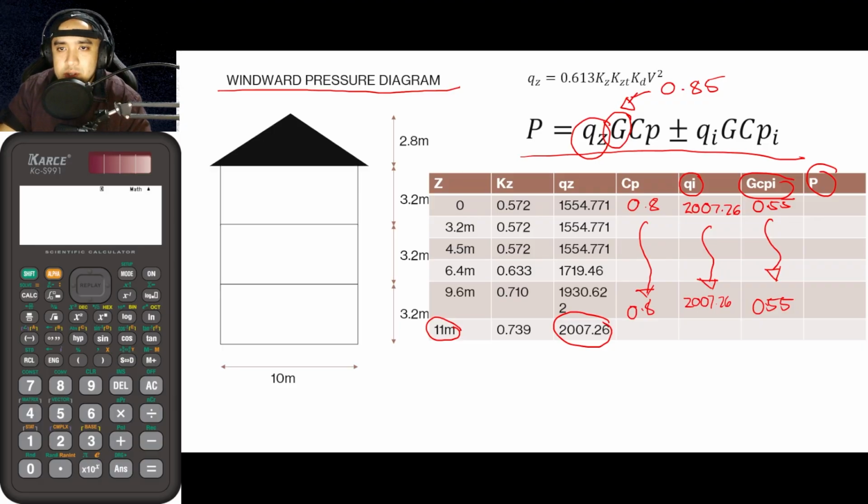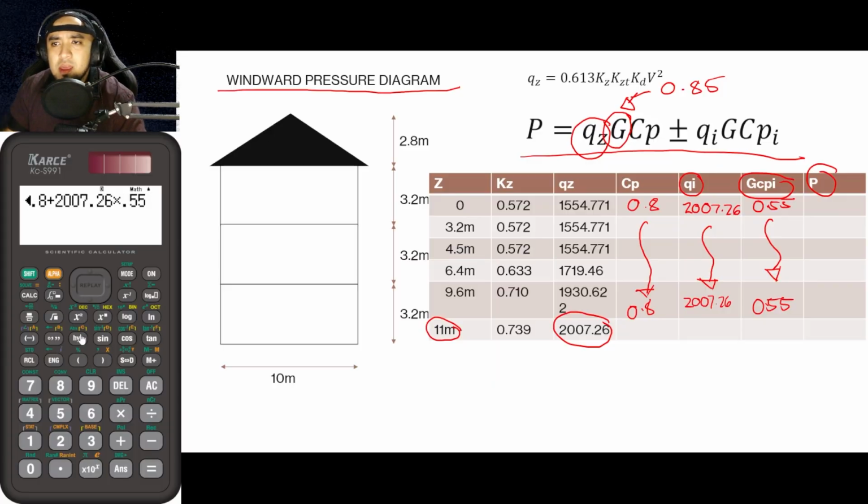QZ varies, so alpha X times G, that is 0.85, times CP, that is 0.8, plus QI, and again QI is equal to QH, which is 2007.26, times GCPI of 0.55.